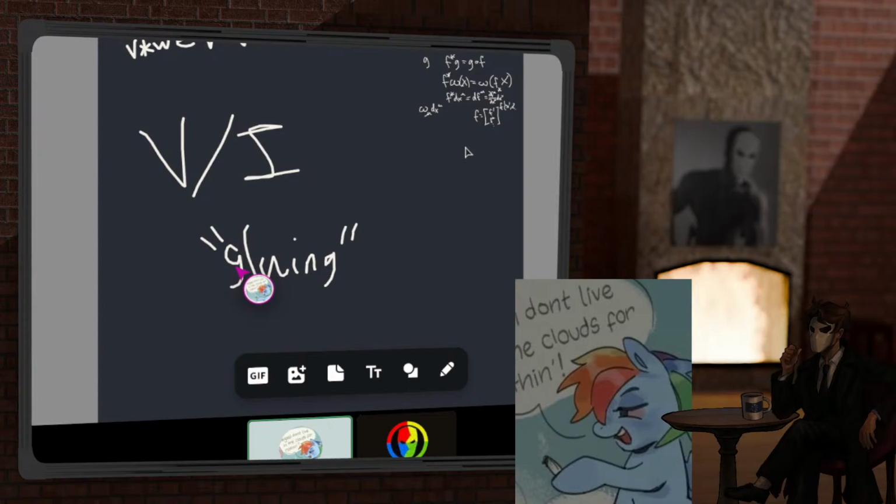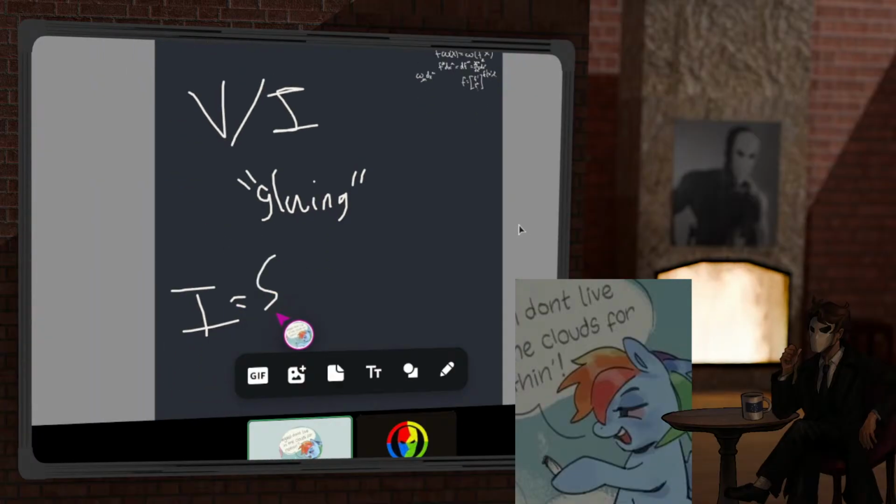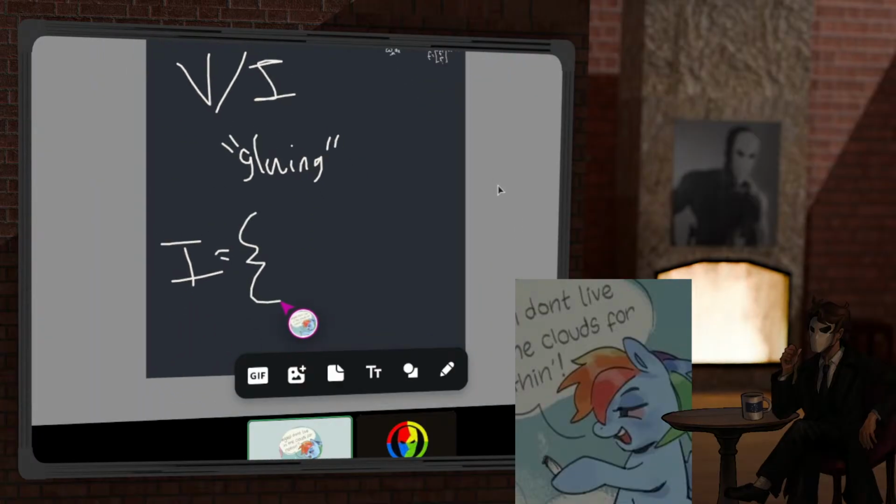So what we can then do is, if we have I equal to, I'm going to pull up a reference image real quick, if that's okay. Should be okay.